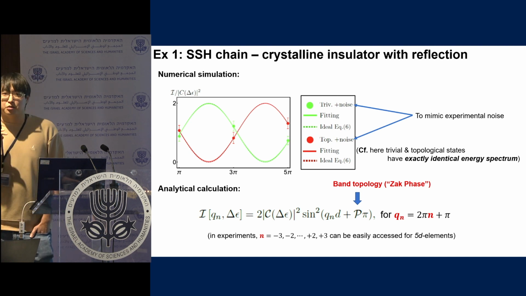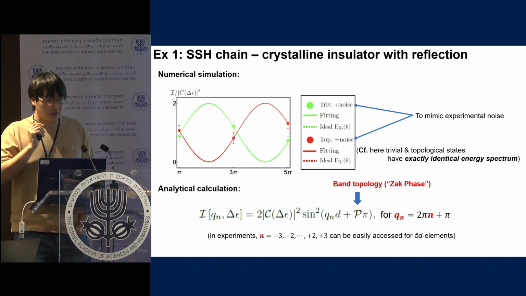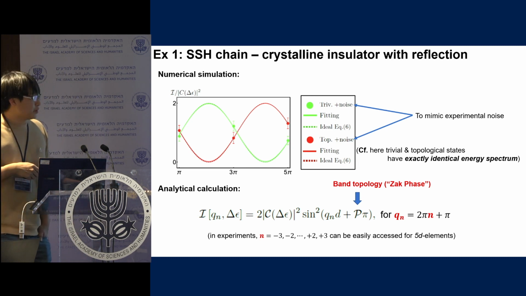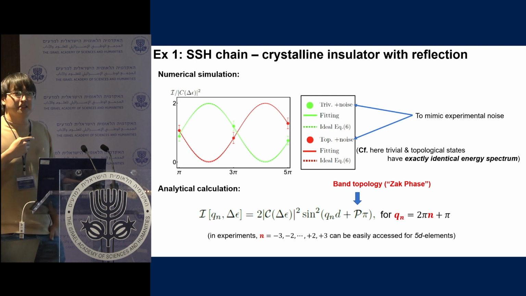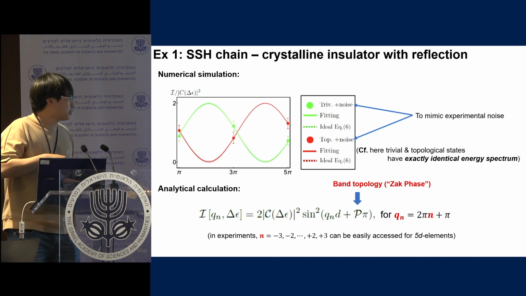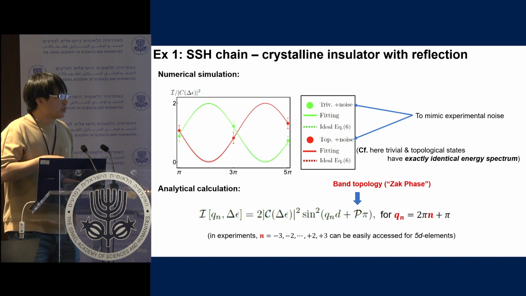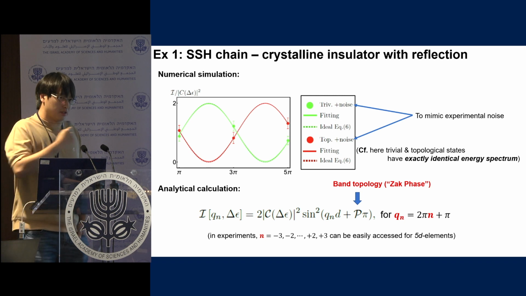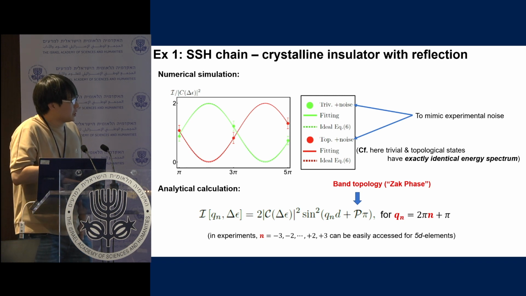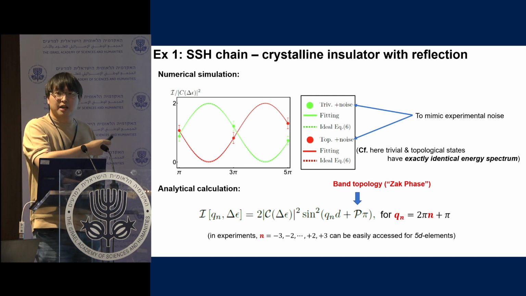So if you tune the momentum and energy nicely, then the scattering intensity directly reflects the band topology. And this Q_n is 2 pi n plus pi, so this is the size of the reciprocal vector, and pi is the momentum difference between gamma and X.